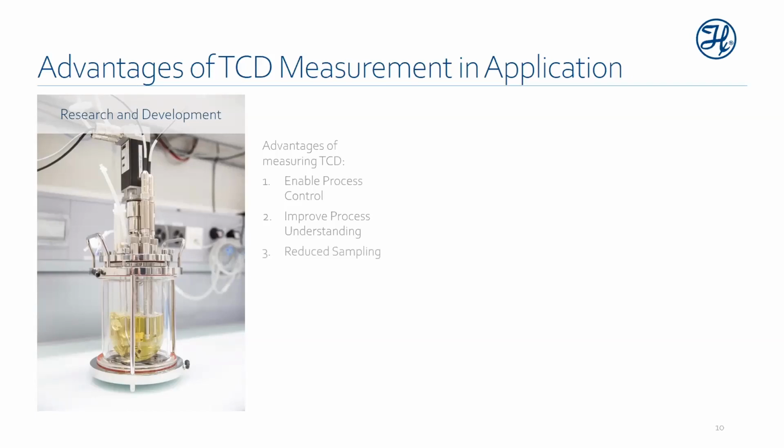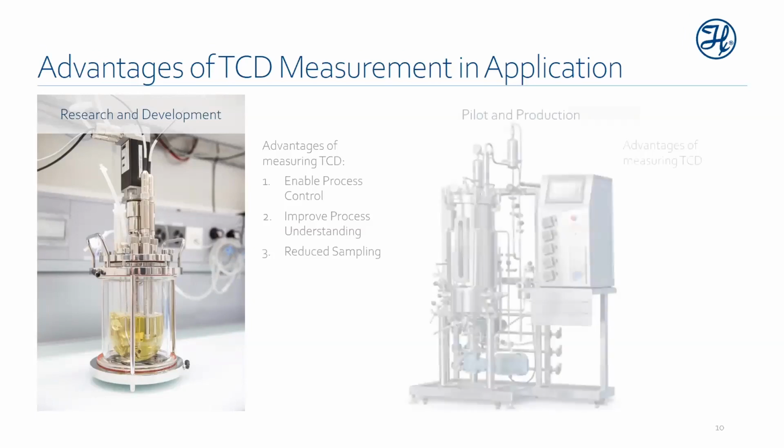We're not saying necessarily to get rid of offline sampling. Use it as a complementary tool to say, we have agreement in both our inline measurement as well as our offline measurement on where we are in terms of biomass growth, as well as where we are in terms of our fermentation life cycle.